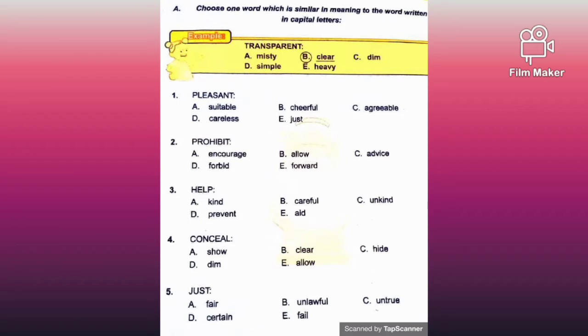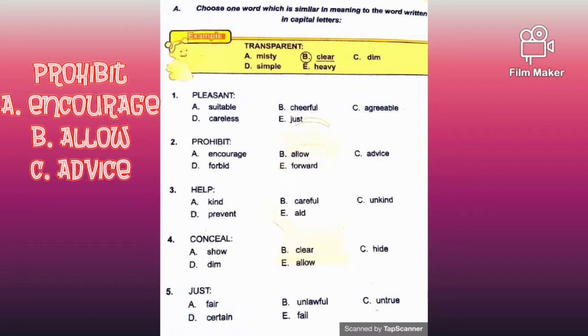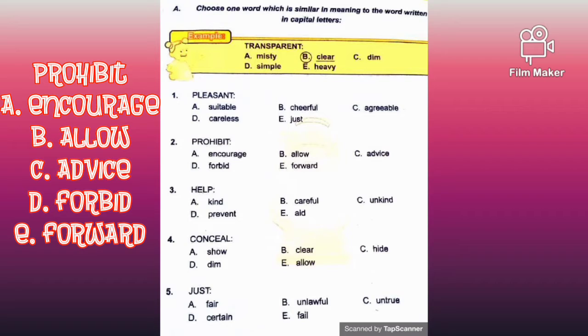Alright, so let's see number two. Number two says prohibits. Now, which word among these options means prohibit? We have encourage, we have allow, we have advise, we have forbid, and we have forward. What does prohibit mean? Prohibit means to disallow, to forbid, to stop from happening.